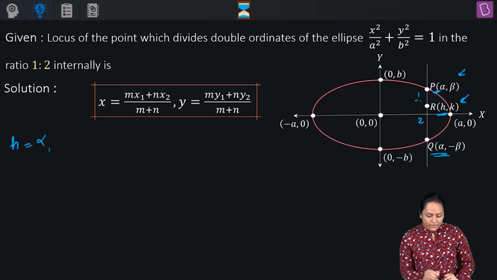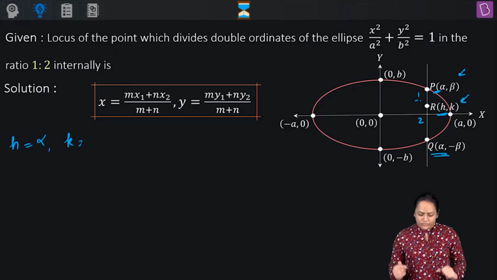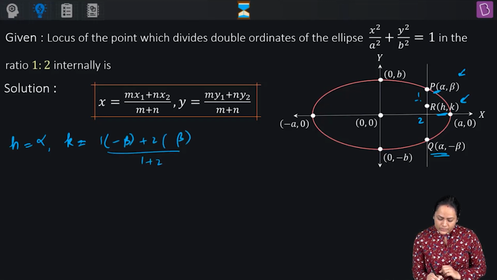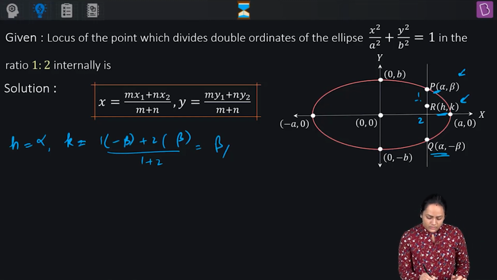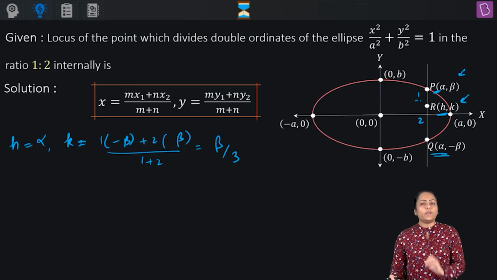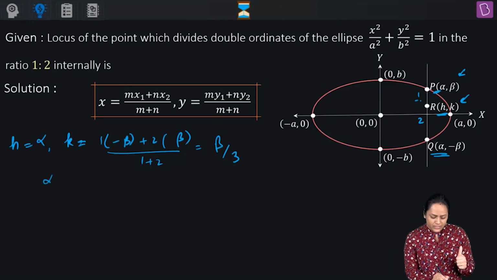Now what about k? For k we are going to apply the section formula. So it's going to become 1 multiplied by minus beta plus 2 multiplied by beta, divided by 1 plus 2, which is nothing but beta upon 3, right?